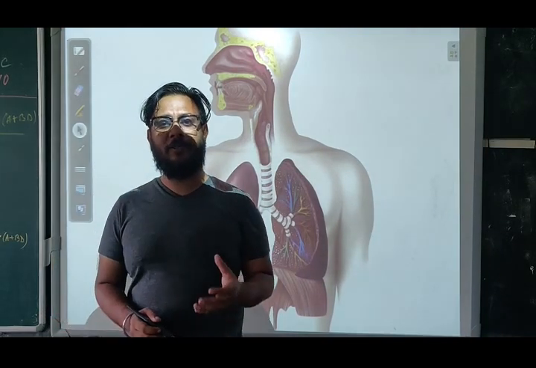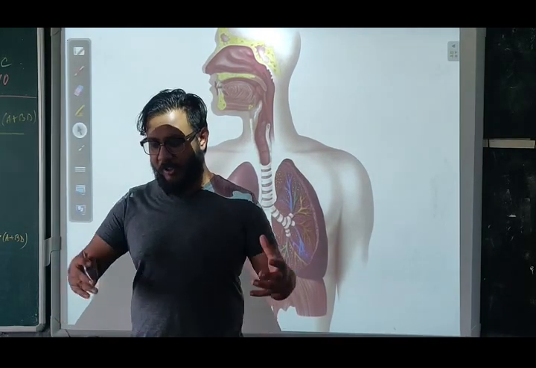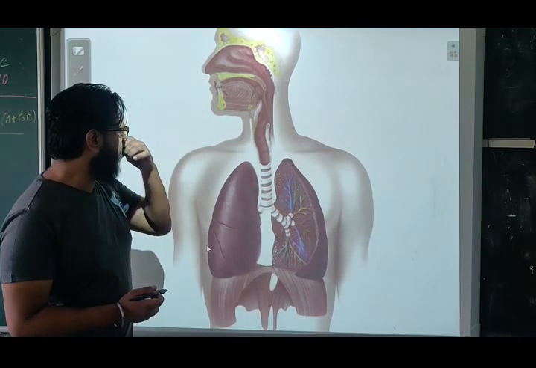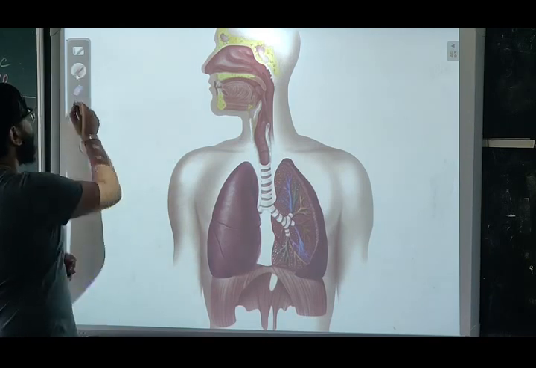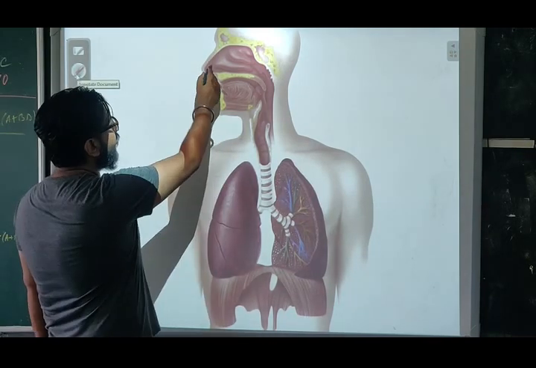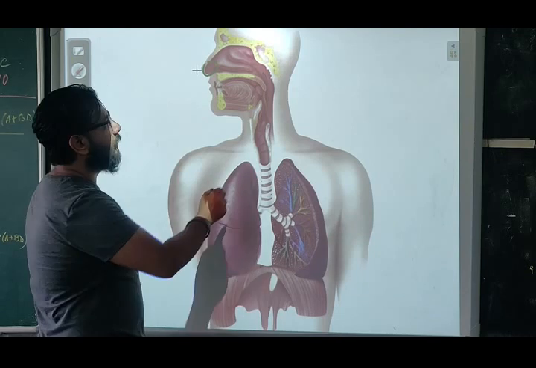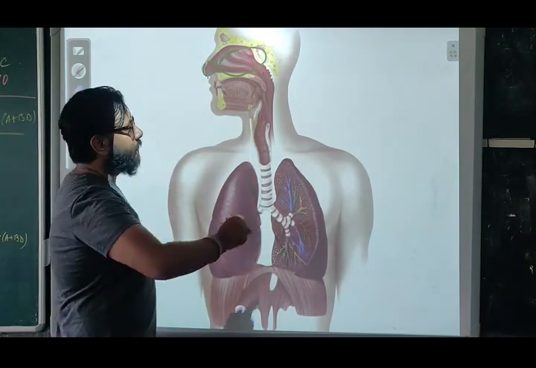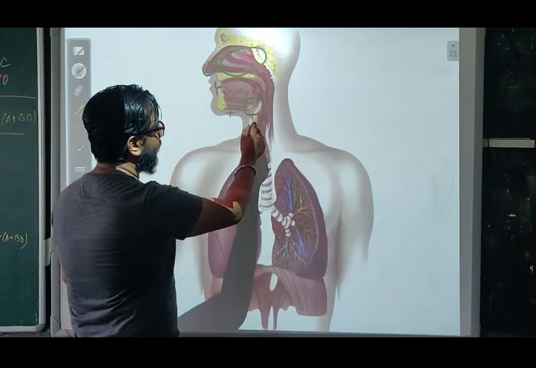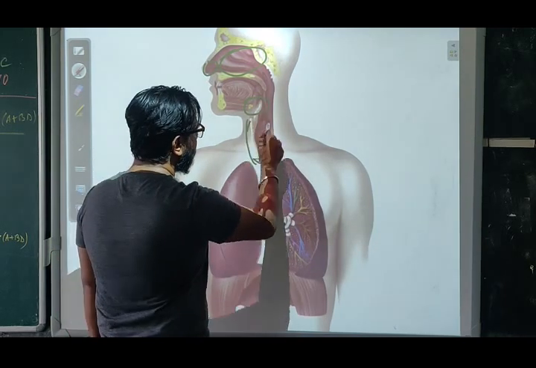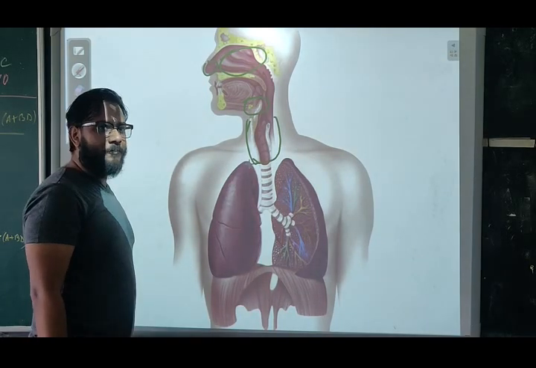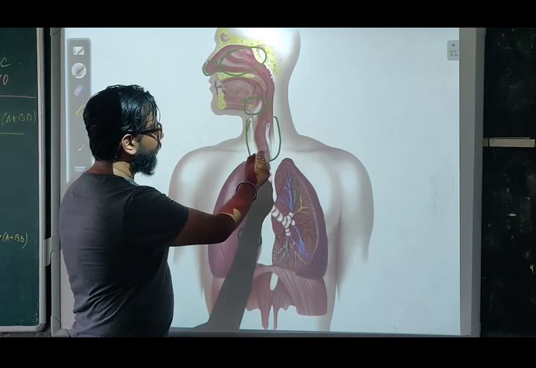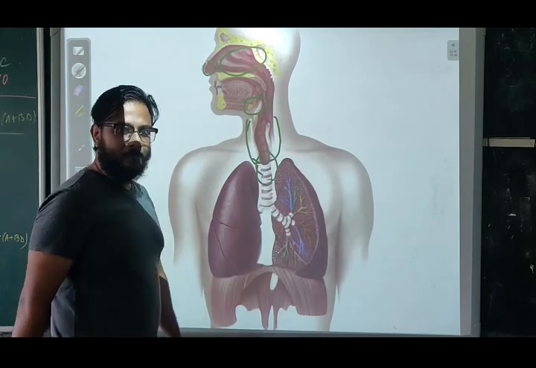Here I am going to revise all the organs that we have discussed, which make up your respiratory system. The first organ was your nose, right? Here is your nasal cavity. Your larynx is here. From here, the trachea starts. Your bronchi is somewhere around here.